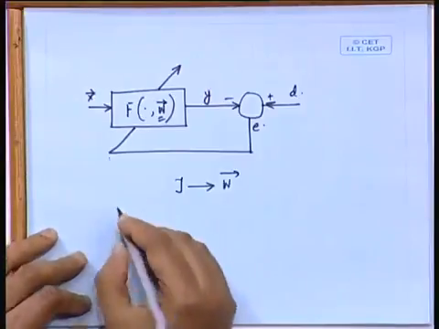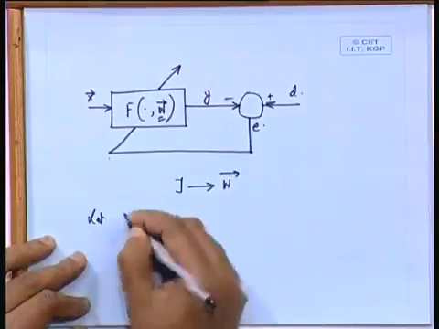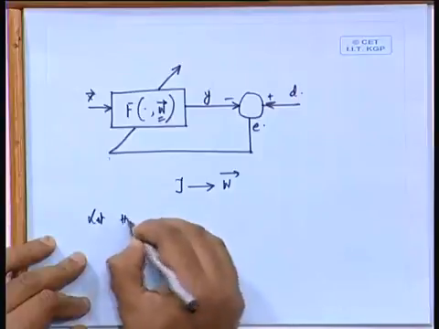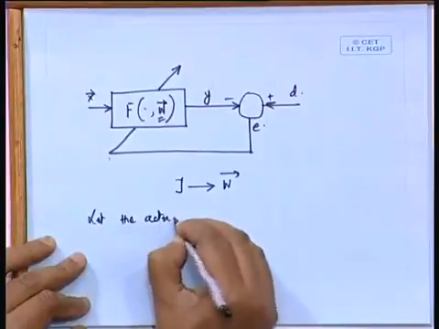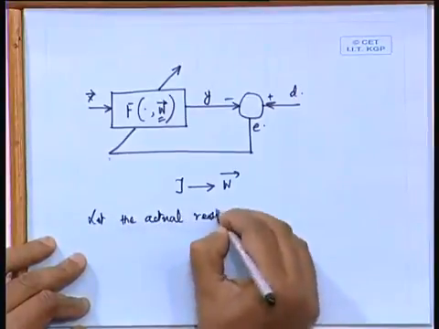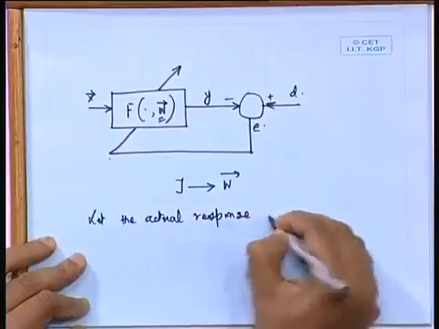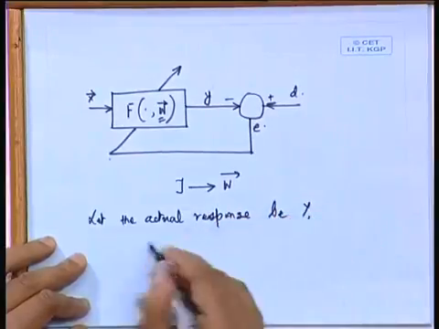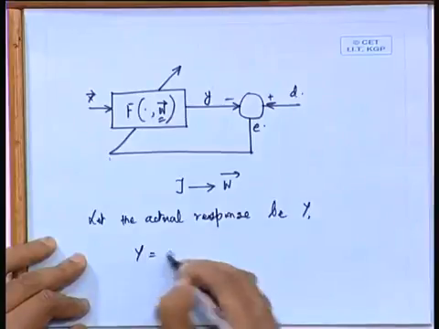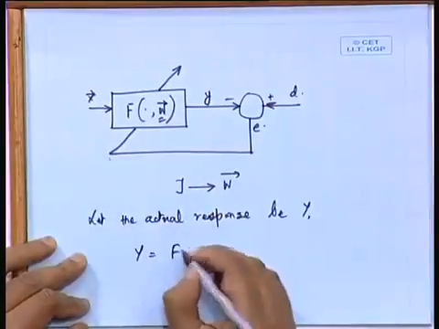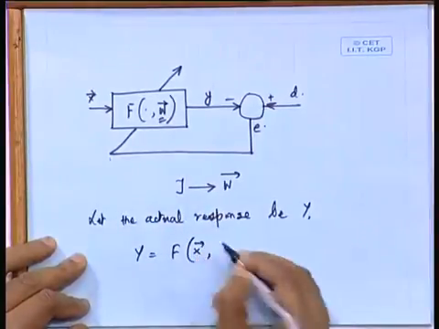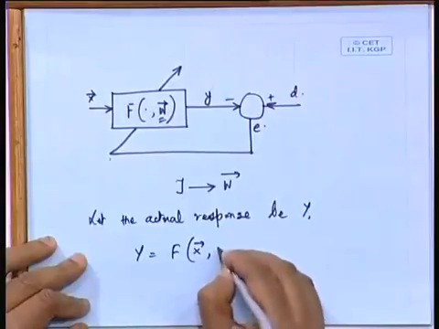Let the actual response be y, so that y is equal to f of x vector comma w vector.